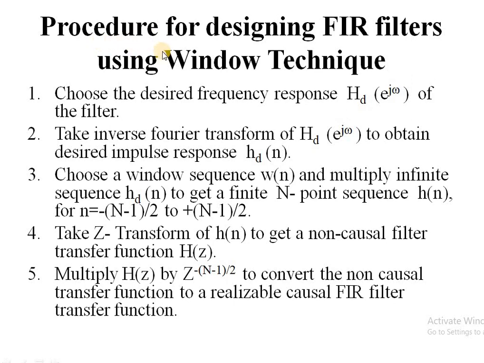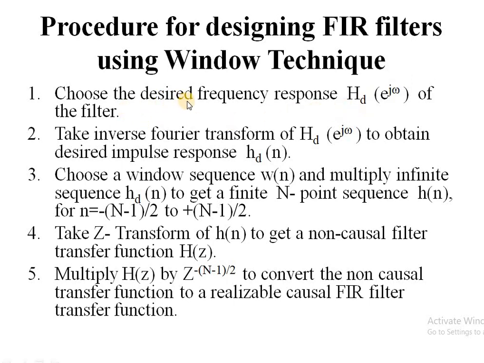The procedure for designing the FIR filters using windowing technique is, generally, in the design problem itself, you will be provided with the desired frequency response related values. Sometimes it will say that they require a low pass filter or a band pass filter with certain specifications.